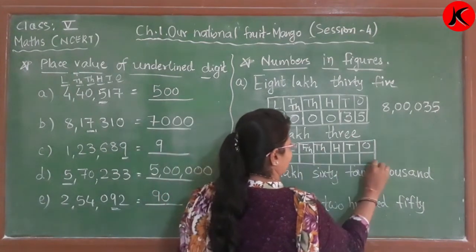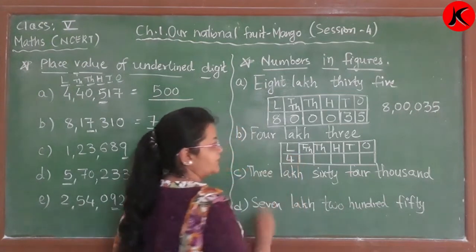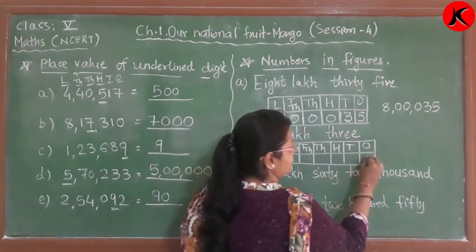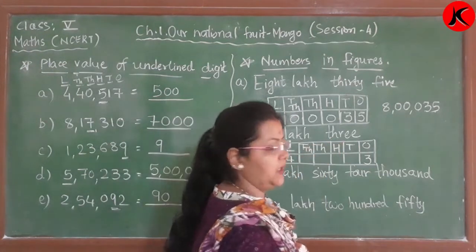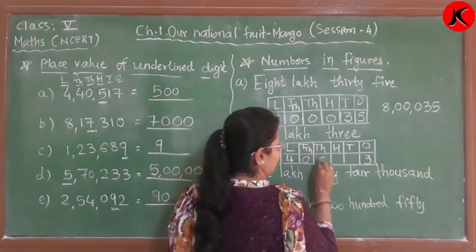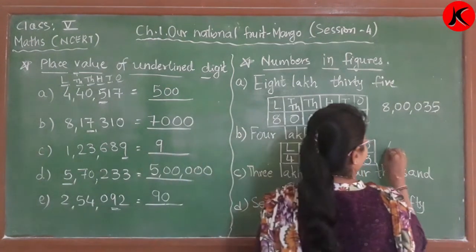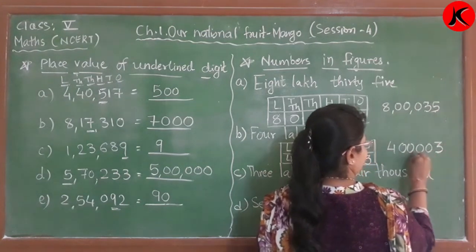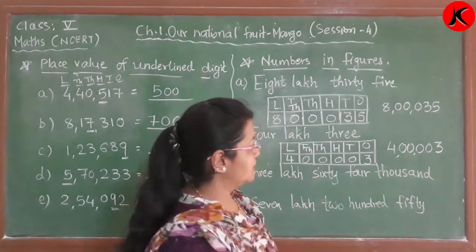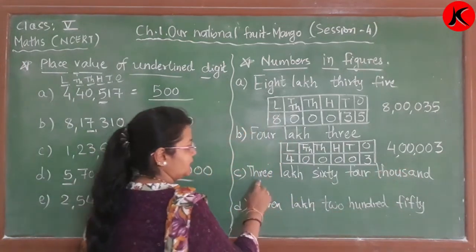On lakhs place there is 4 lakh and 3 is on ones place. It is simple, 3. So in between we have to add zeros. So what is the figure now? 4 lakh 3. It is compulsory to put the comma.